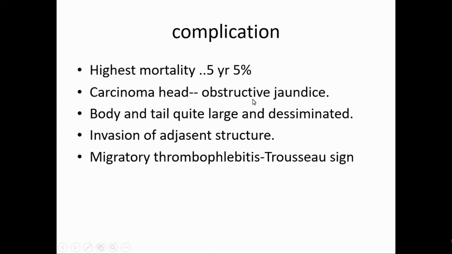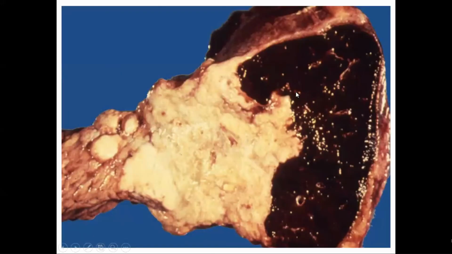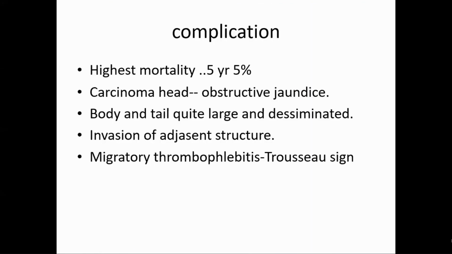And this is called Courvoisier's sign. Courvoisier's sign is to be taught on the clinical side. Courvoisier sign is enlargement of the gallbladder, that is, a palpable gallbladder in obstructive jaundice which is painless, and you have ruled out any stone.